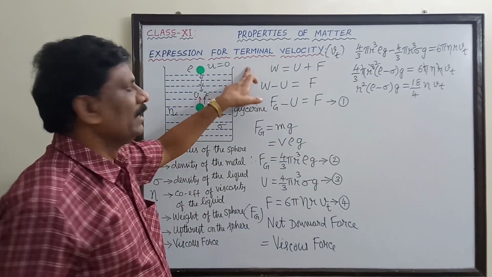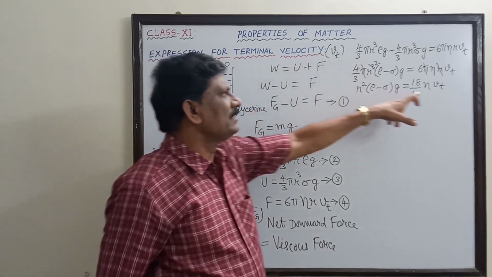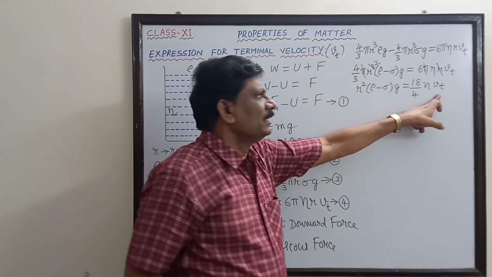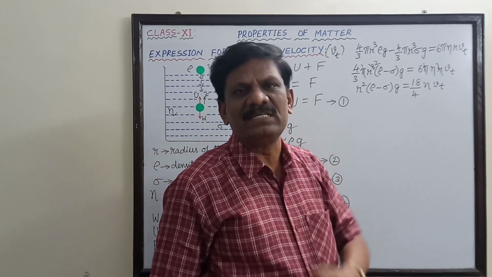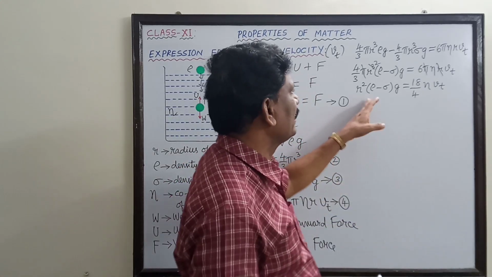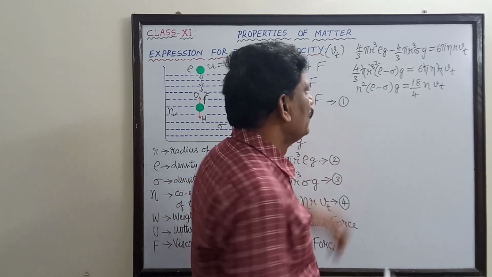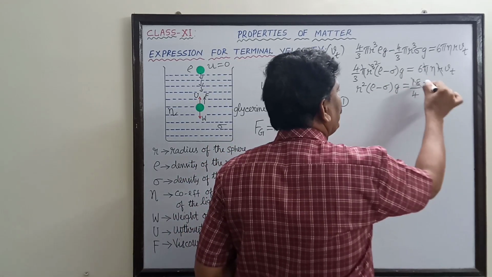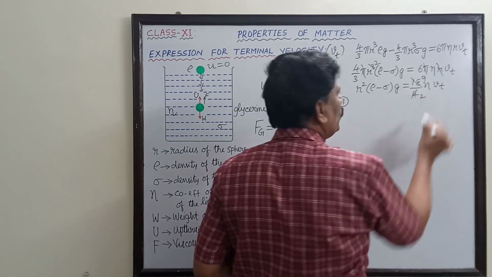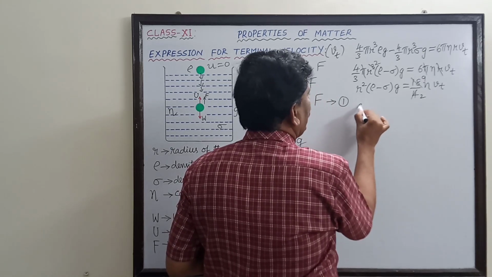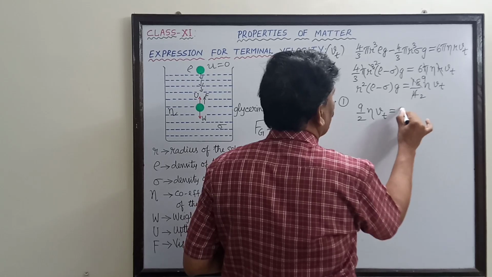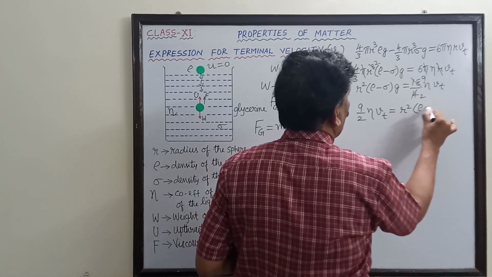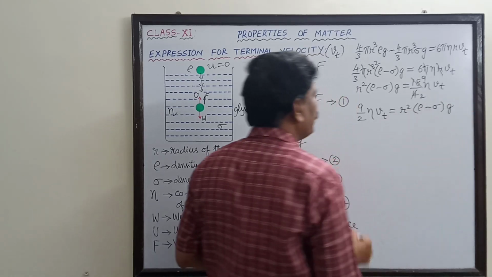Now what is the title? Expression for the terminal velocity Vt, is it not there? I want an expression for the terminal velocity. So I take terminal velocity Vt on the left hand side and remaining factors can be adjusted now. So that this will become what? 9 by 2. So 9 by 2 eta into Vt is equal to r square into rho minus sigma into g.